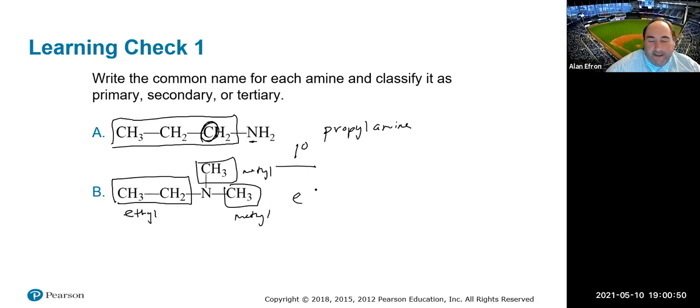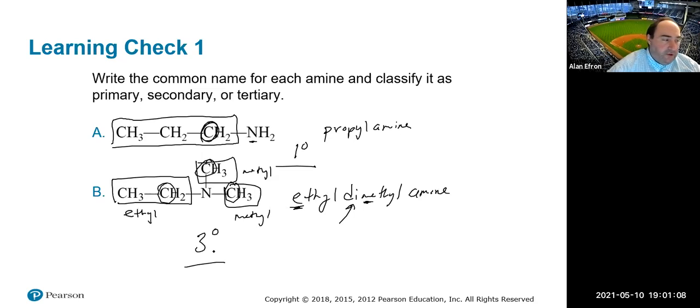So that's going to be ethyl, dimethyl, alphabetizing E before M and ignoring the prefix like we talked about previously, and then amine. It is the same as before, 1, 2, and 3 carbons, which means it's a tertiary amine. Any questions on that there, or anything we talked about here today?